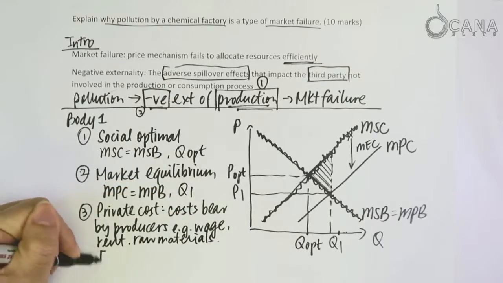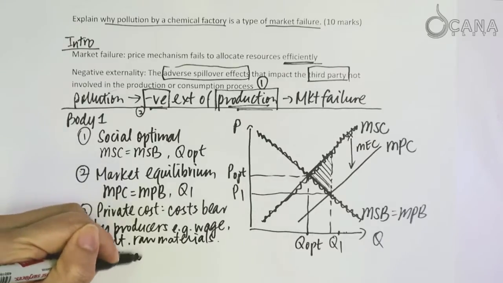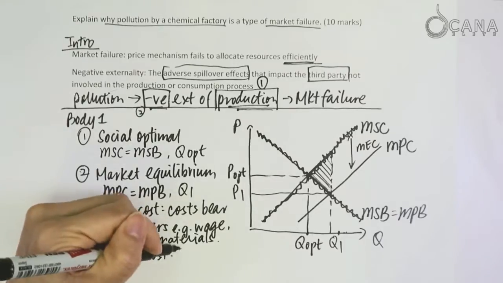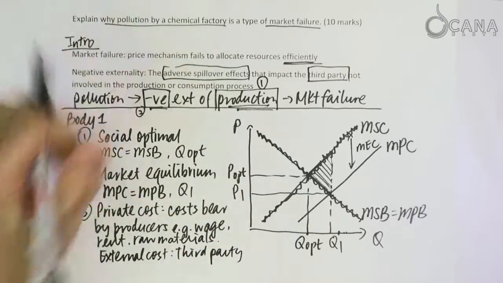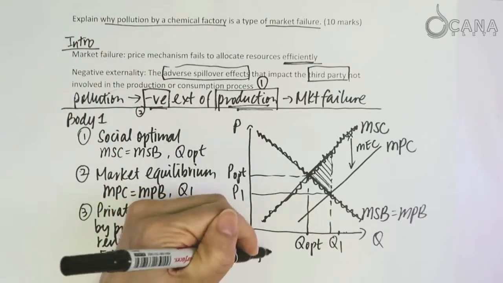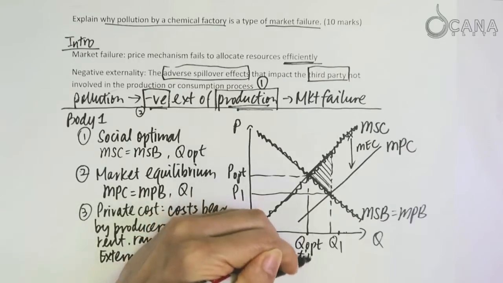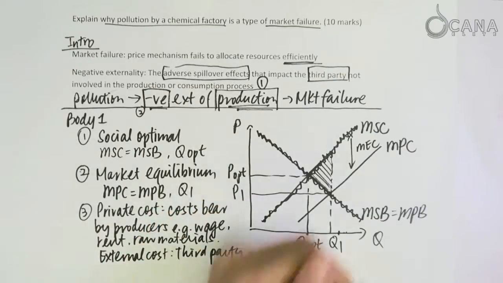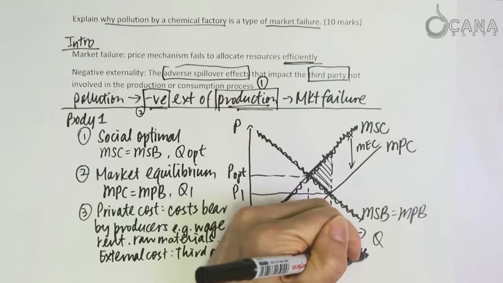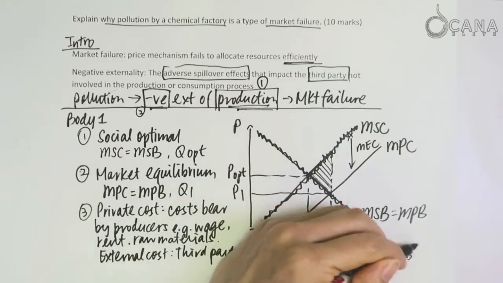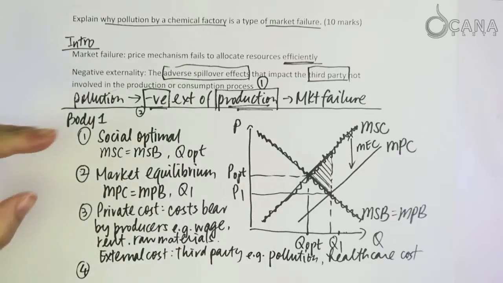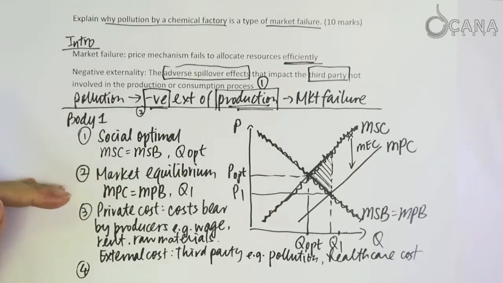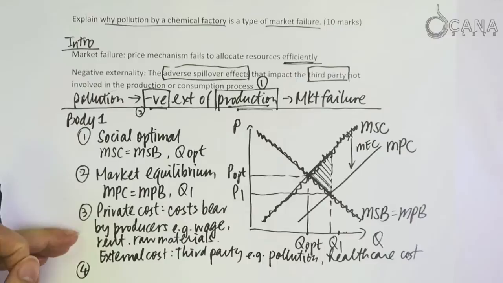And of course, I would also say the external cost is the cost to the third party. And the external cost here, which is stated in the question, is pollution. Or some can add a little bit more to it, can be health care cost. Great. So we have laid out the ideal situation, the current market situation, and put things into context.